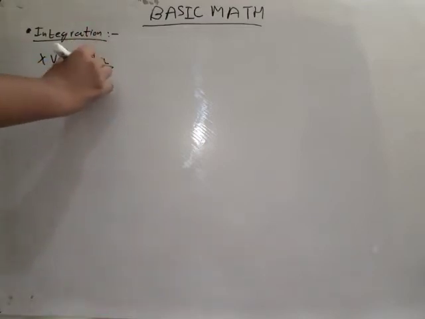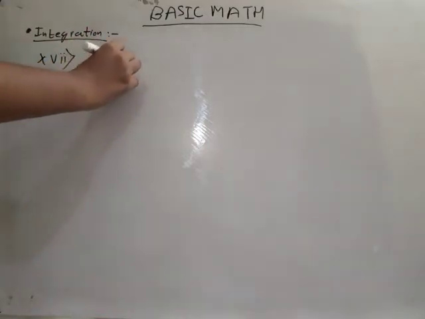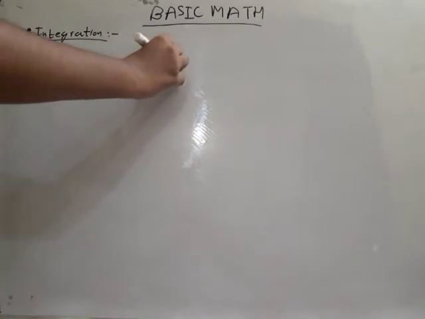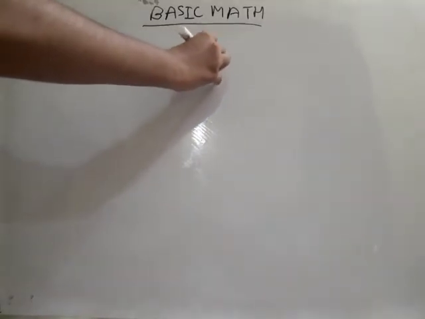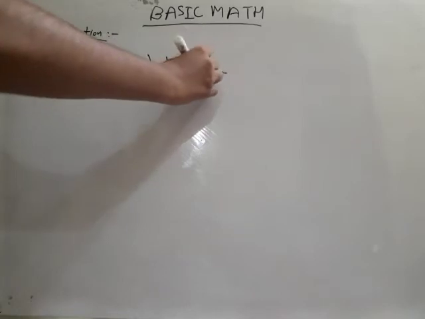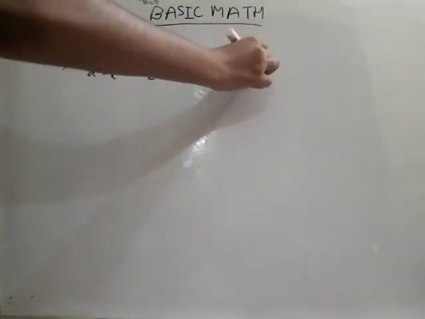Dx by a square minus x square equals 1 by 2a ln mod of a plus x by a minus x plus c.